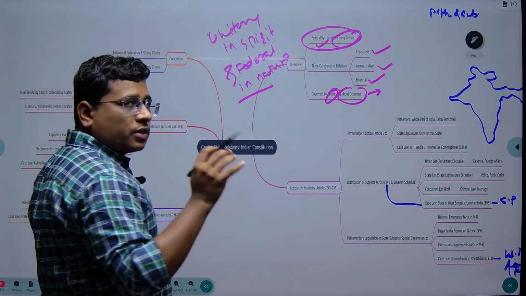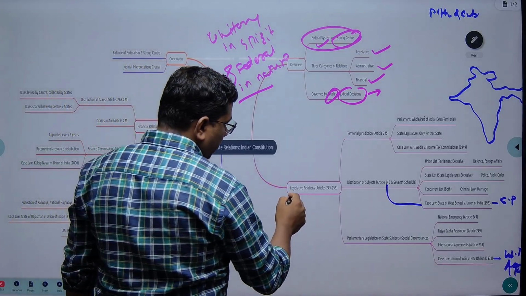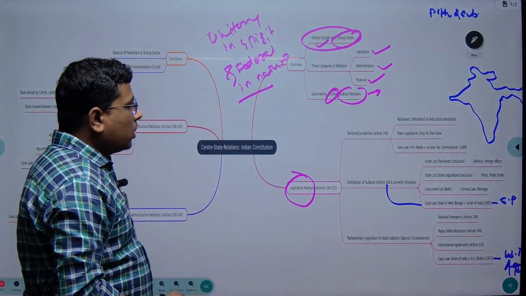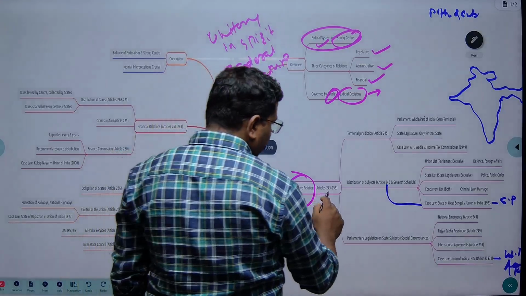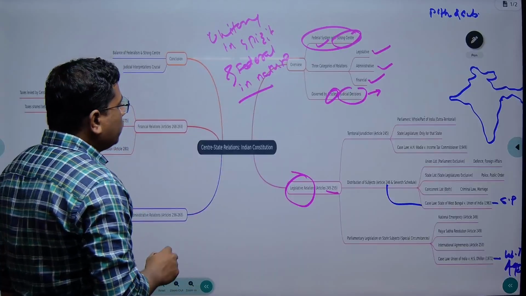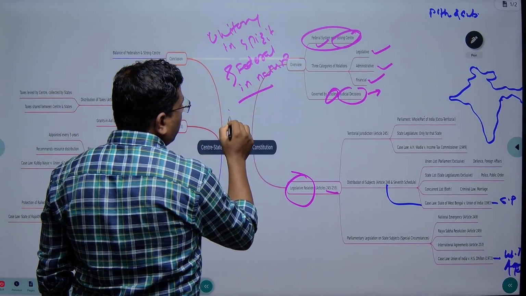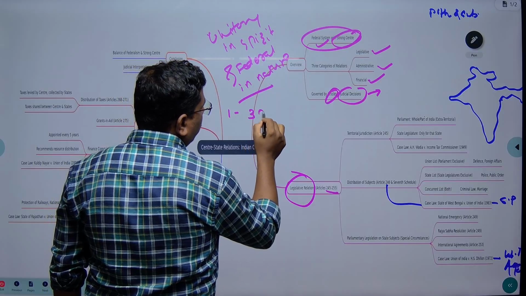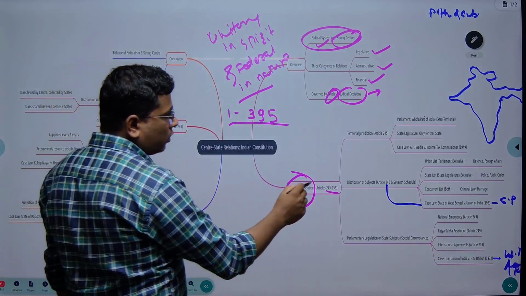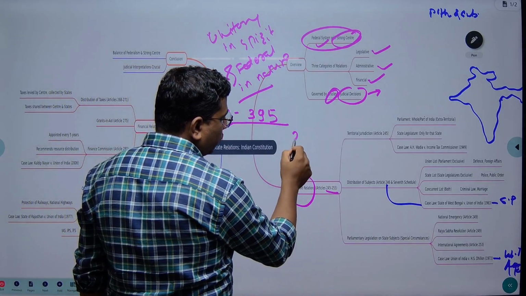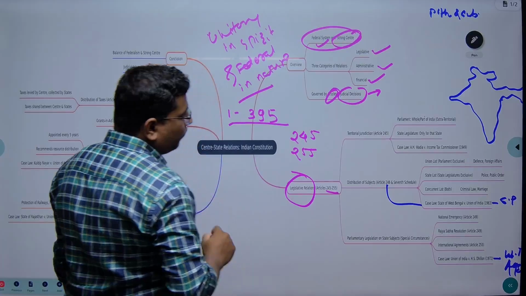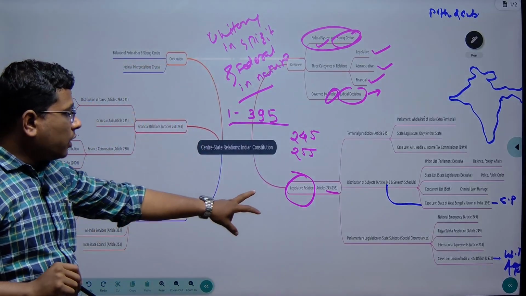So first of all, we see the legislative relation. It comes under Article 245 to 255. We know that in the Constitution we have articles from 1 to 395, right? So Articles 245 to 255 are related to the center state legislative relation.